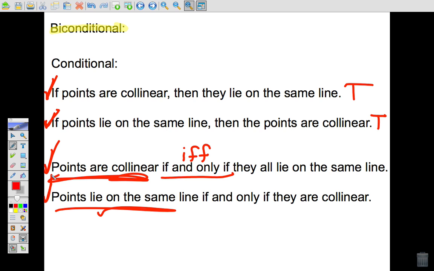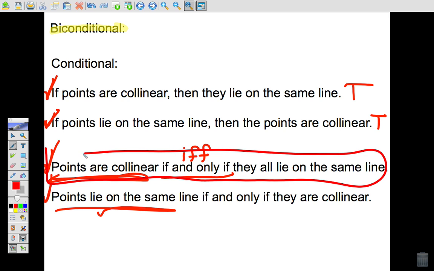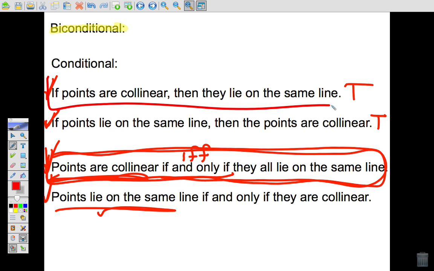So the main thing I want you to understand is to be able to take a biconditional like this and realize that you can separate it into 2 conditionals. Why is this a biconditional? Because it has the words if and only if. So I can take what I just put a rectangle around and separate it into 2 conditionals.